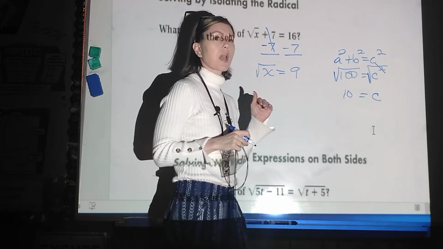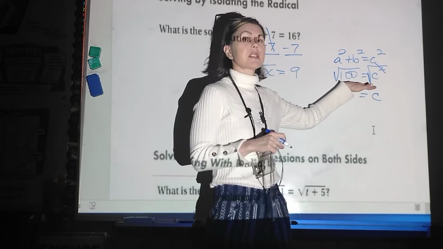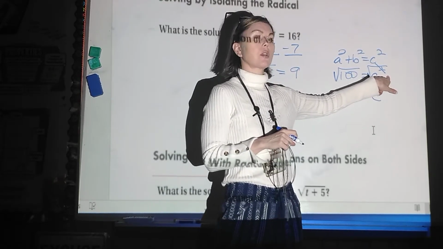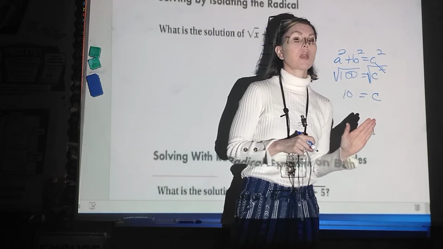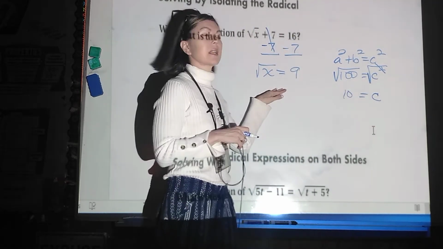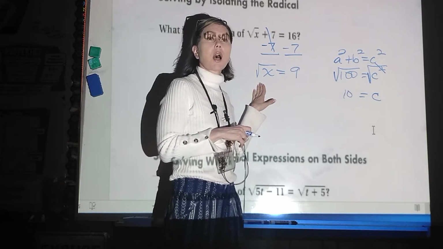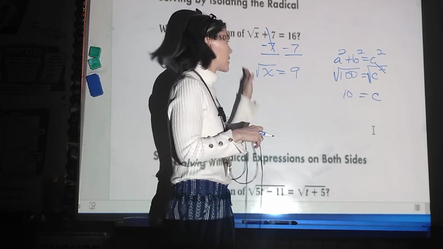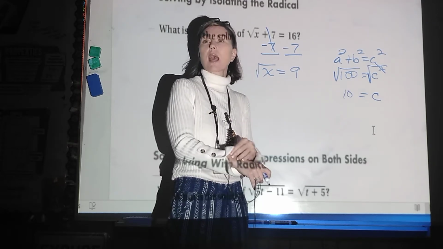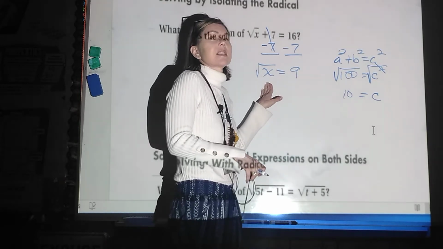That's it, okay? So, the opposite of something squared is taking the square root. Okay, so when we look at the example that we're working on right now, and we have the square root of x, this is not x, this is the square root of x, okay? So we need to make this x. How do we do that?